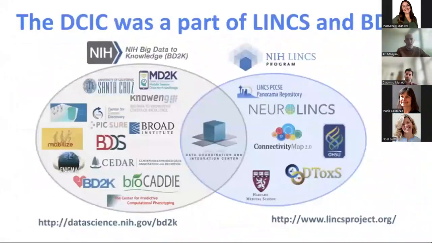As the data coordination center, and this will be relevant later, we were also part of another Common Fund program called BD2K, Big Data to Knowledge. So we were serving on both sides. The BD2K program was really about finding a solution to better manage data, and the CFDE is sort of a grandchild of that program.